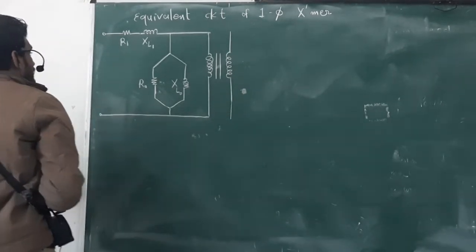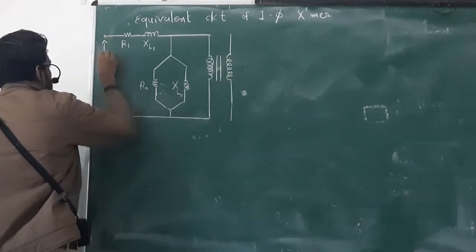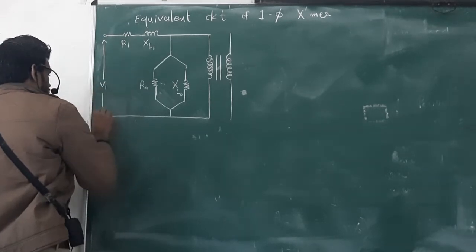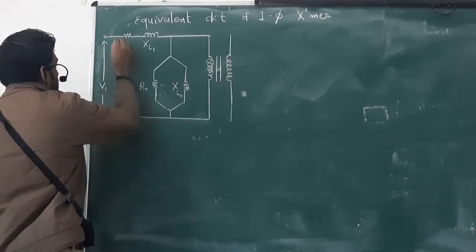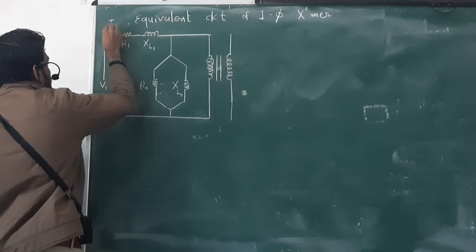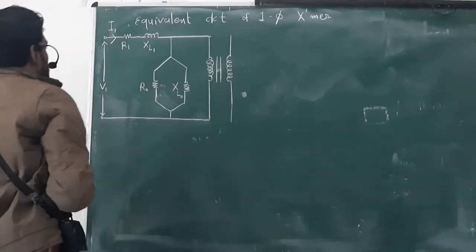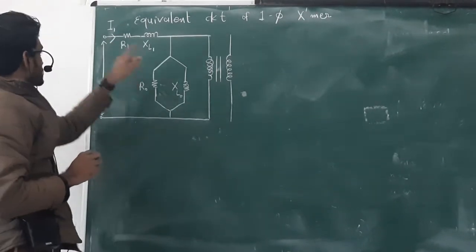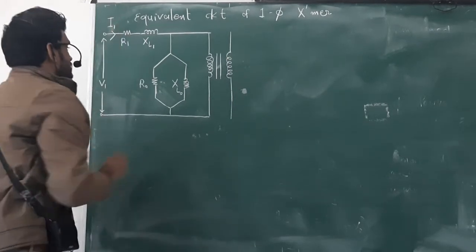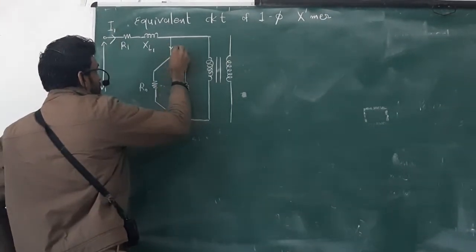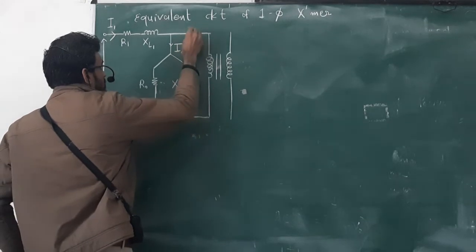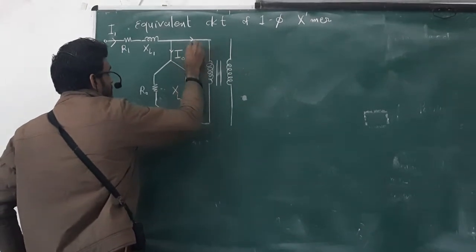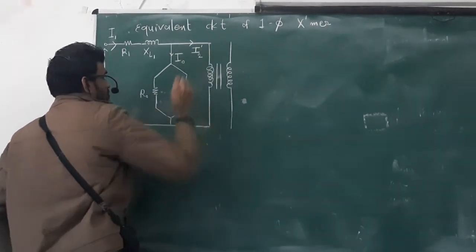Okay, supply voltage is V1 on this side. What is the current in this direction? I1. Okay, I1 is made up of two currents, I0 and I2 dash. So we will represent I0 here, no load current, and I2 dash is equivalent current for secondary.